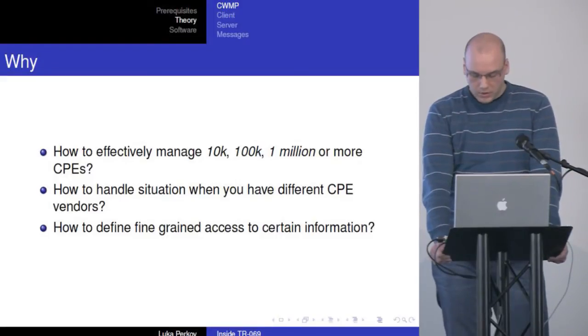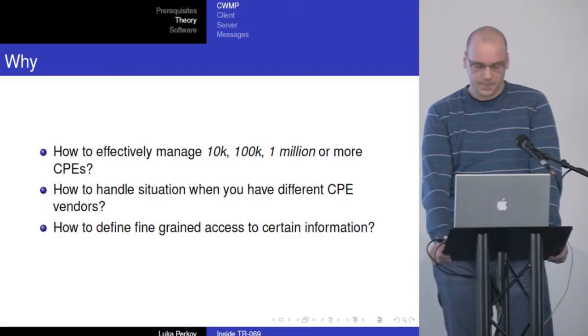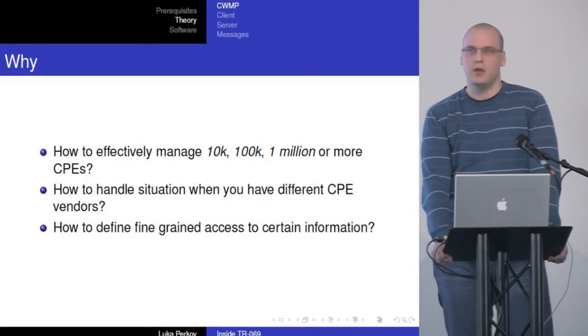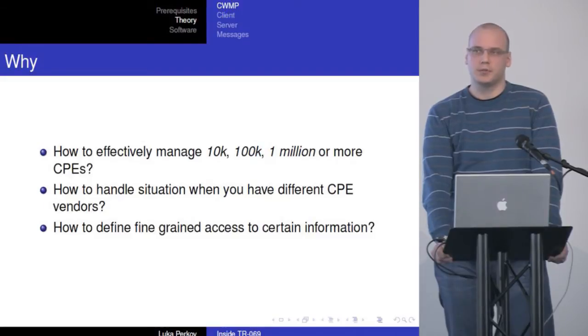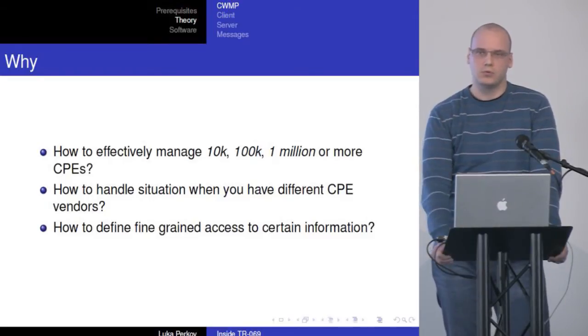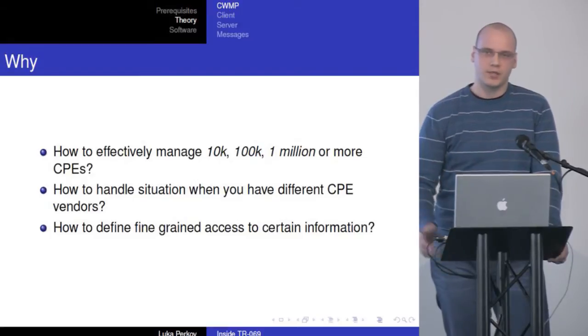And also, for an ISP, it's interesting to have fine-grained access. So, for example, you want to give your customer support employees certain access to the CPE, second-level support even more access, and so on.